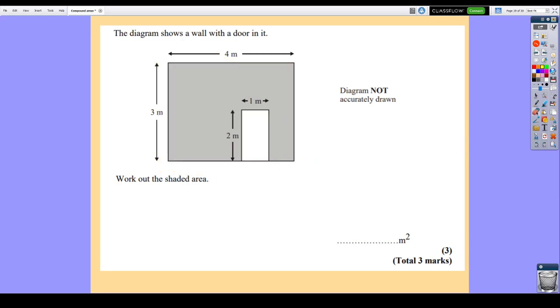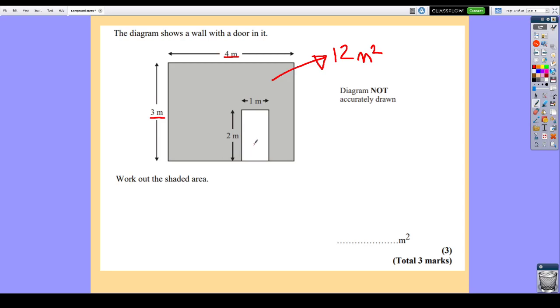So in this case, I'd work out the large area of the whole rectangle, which would be our 4 times 3. So this area is going to be 4 times 3, which is 12, not centimetres, be careful of units, 12 metres squared.